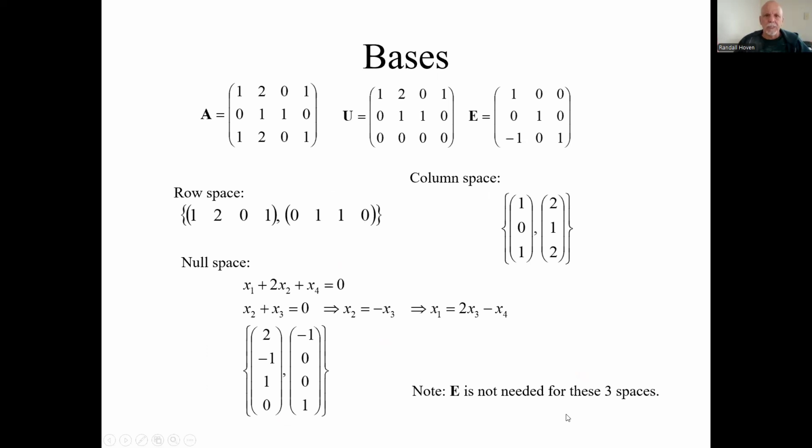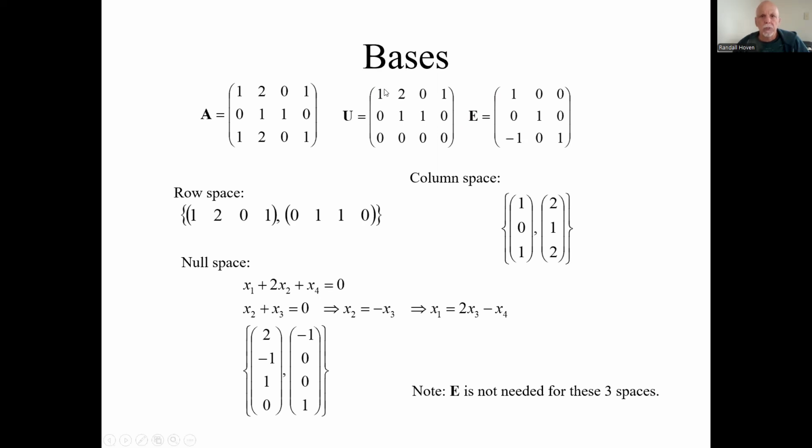Now let's find the basis. Row space is easy. It comes from U. It's just the non-zero rows of U, or you could call it the pivot rows of U. So these top two rows, that's easy. Okay, there's a pivot, there's a pivot.